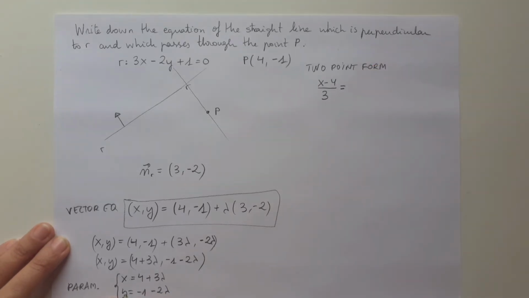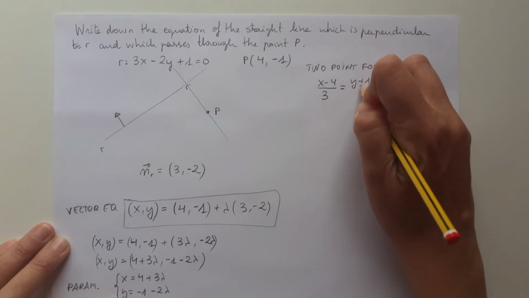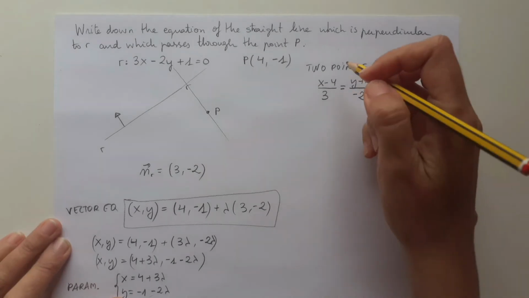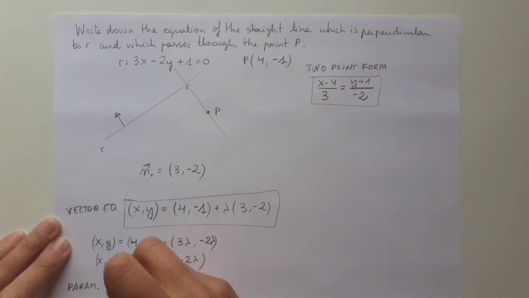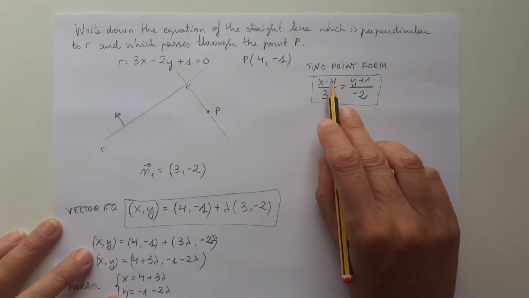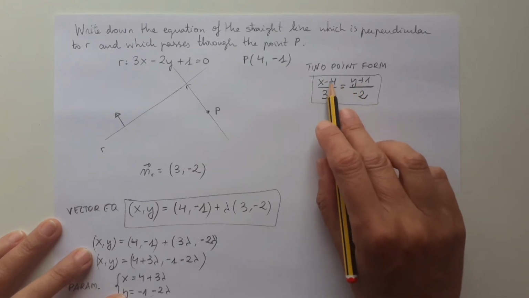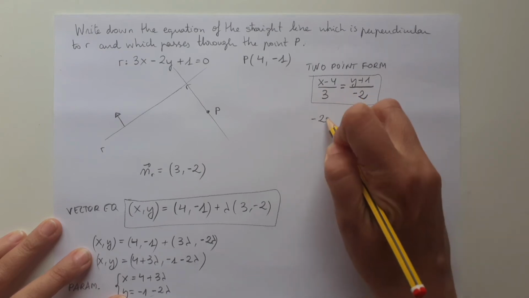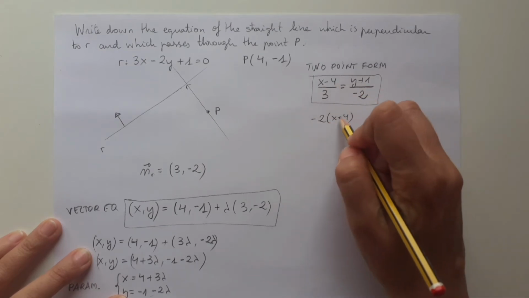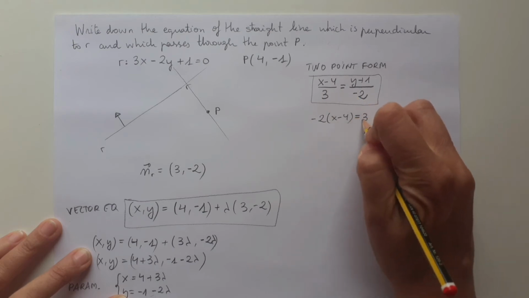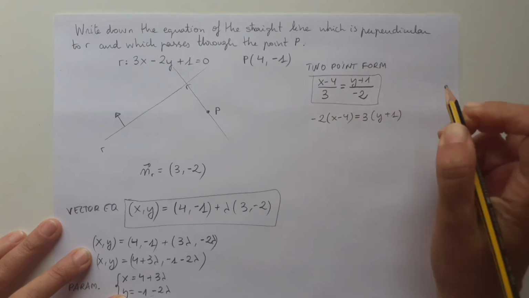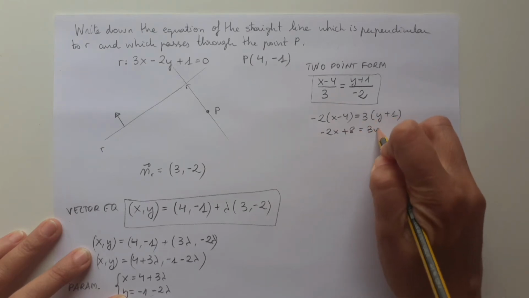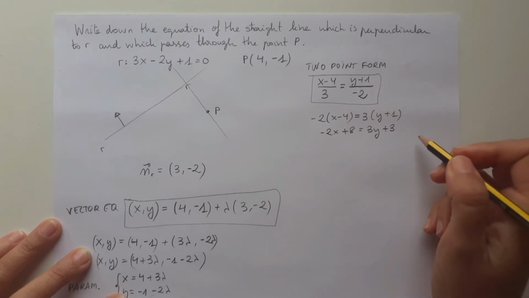It would be y plus 1 over, and this would be dividing. So this is the 2-point form. Now, to obtain the other forms, we are going to multiply crosswise, because we can do that when we have an equation. And remember that this -2 multiplies everything here. Don't forget, a bracket is compulsory. And 3 times (y plus 1). So this is -2x plus 8 equals 3y plus 3.